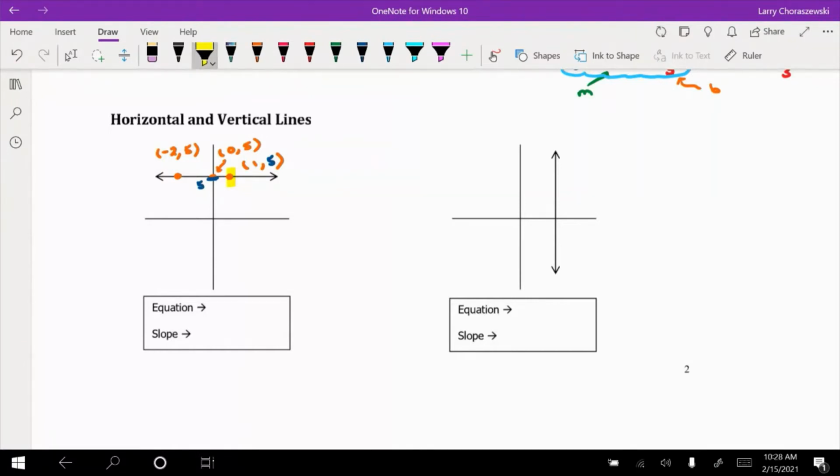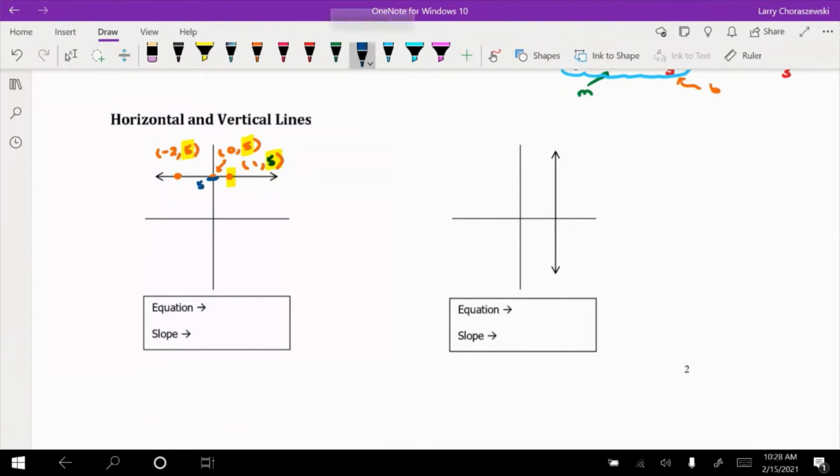All right. Now, looking at all three of these ordered pairs, what's one thing that is staying the same? The y values. So one way of describing the equation for this line is to state the fact that y is always equal to 5.